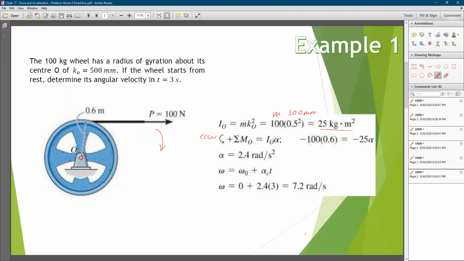Then we multiply by the distance, which is 0.6, and that is equal to minus 25 times alpha.